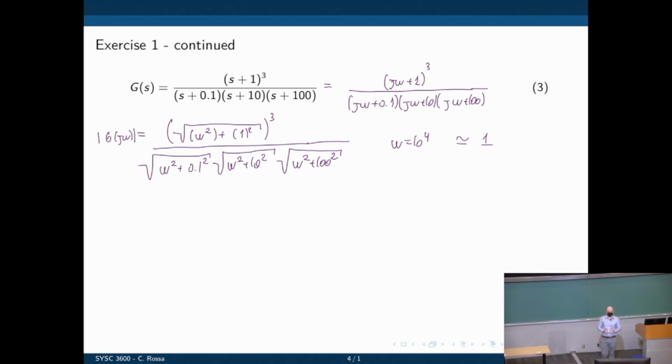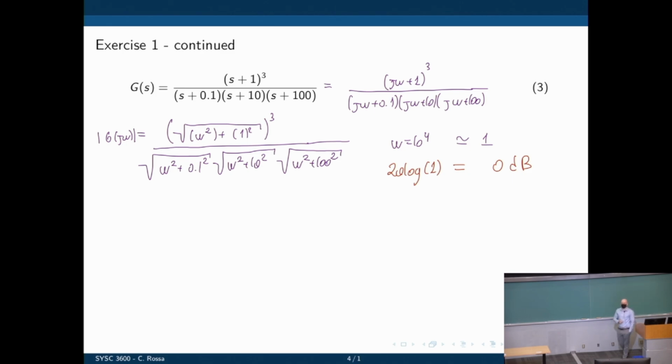Aha, it's 0 dB, and this is not dB. This is just the absolute magnitude. So to go from this to dB, we need to take 20 log of 1, which is 0 dB. Okay, so that matches what we measured before.